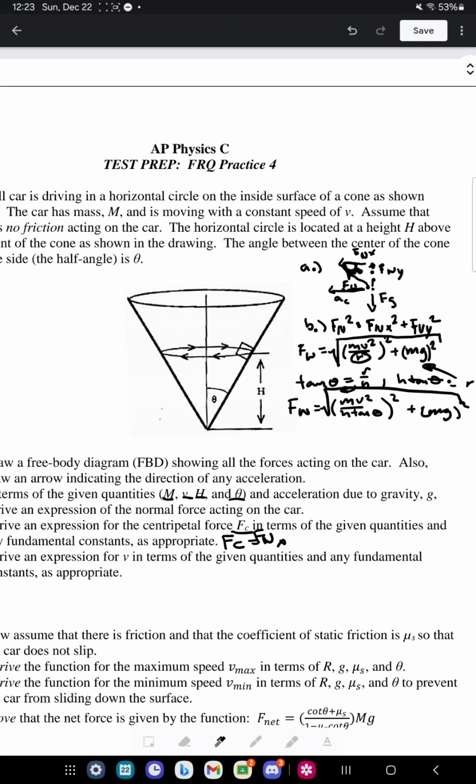And let's see, cosine of theta equals F_n,x over the hypotenuse F_n, and sine of theta equals, that's the opposite of this, F_n,y over F_n.